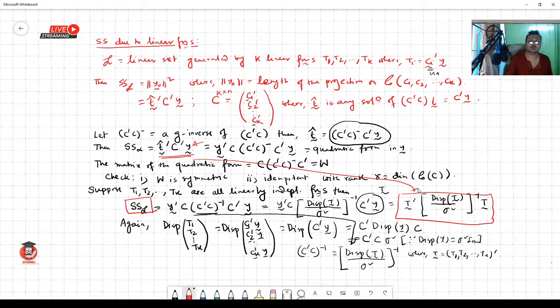So for computational purpose, you use this formula instead of this.